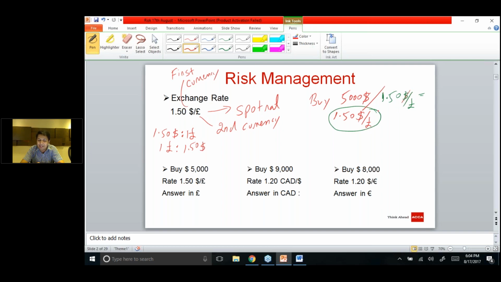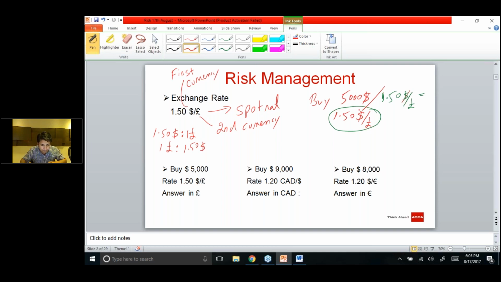So what you are going to do in the exam, try to multiply or divide with the exchange rate. Just imagine the principle of like with like. If you calculate the answer by multiplying it, then do multiply. If you are getting the answer by dividing, then do divide it with the exchange rate.